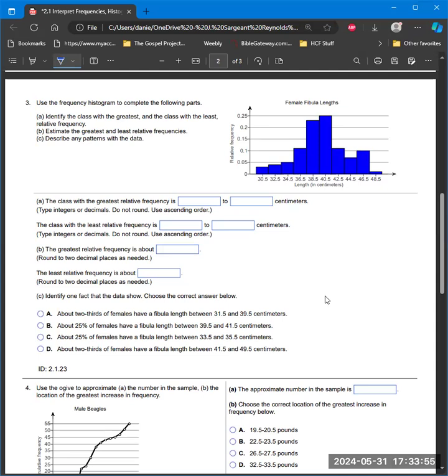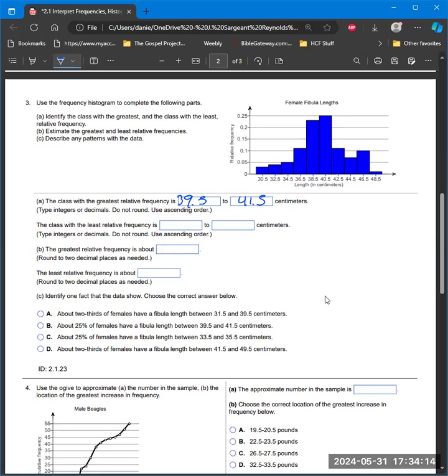And so 1 to the left, that's 39.5, and 1 to the right is 41.5. So 39.5 to 41.5 centimeters has the greatest relative frequency.